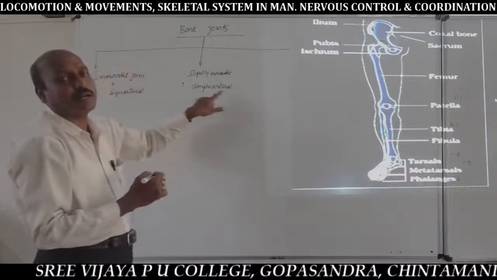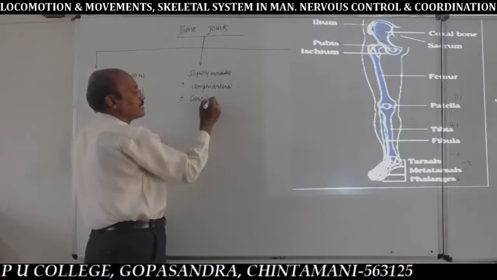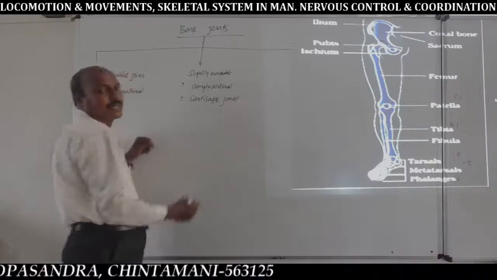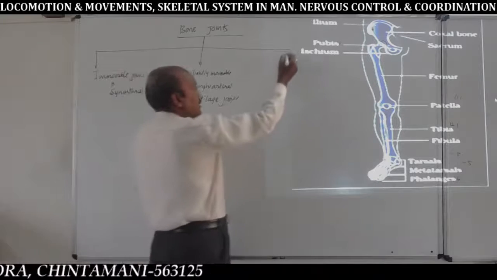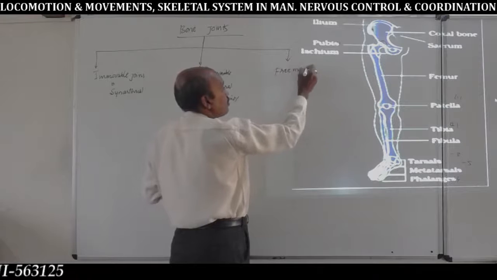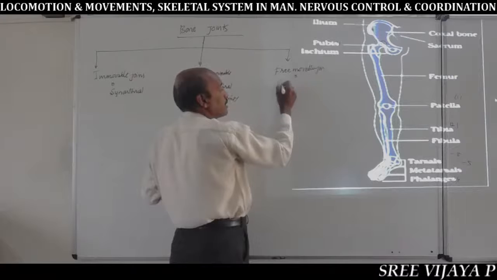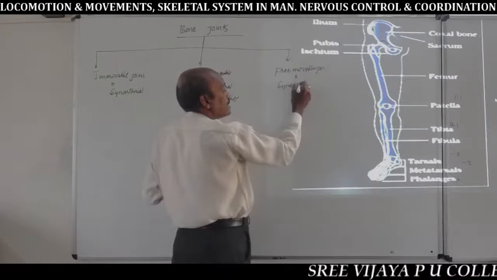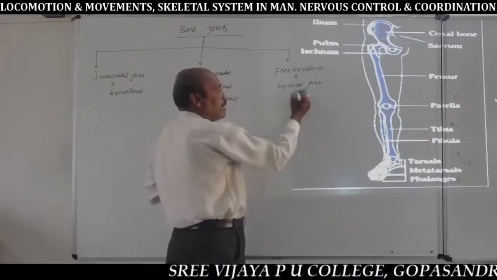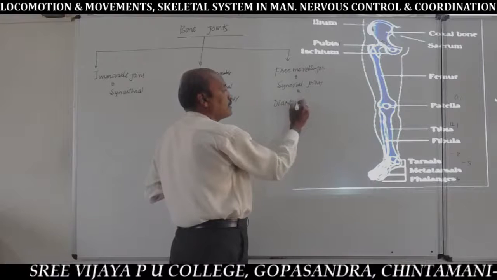Amphiarthral joints, or cartilage joints, chondro joints. And the last one is the freely movable joints, or synovial joints, or diarthral joints.